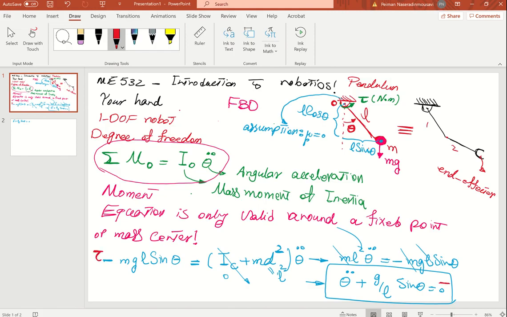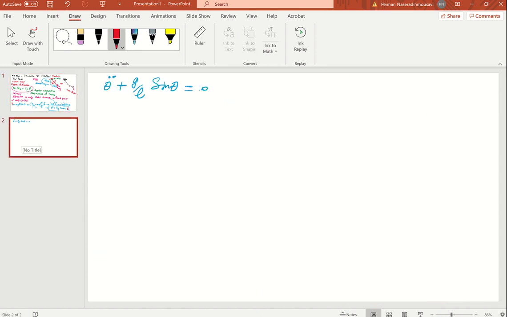This is not the vibration course, this is the control course, so I want to control it. So it's going to be tau here, and now the same here with tau minus mgL, and you're going to have a tau here. You got it? So this is the nonlinear equation of motion.